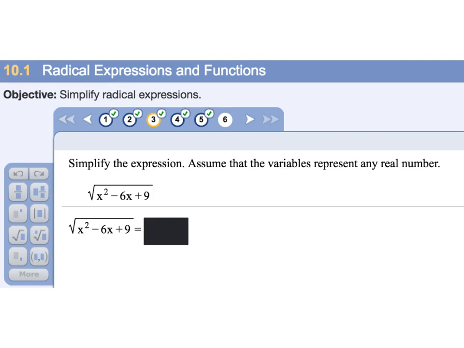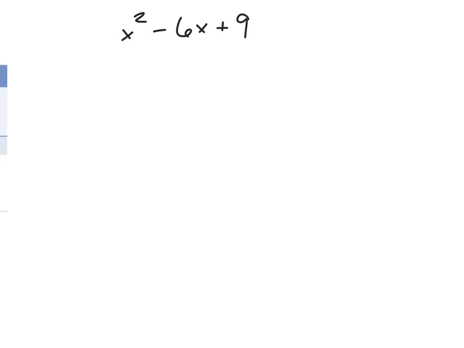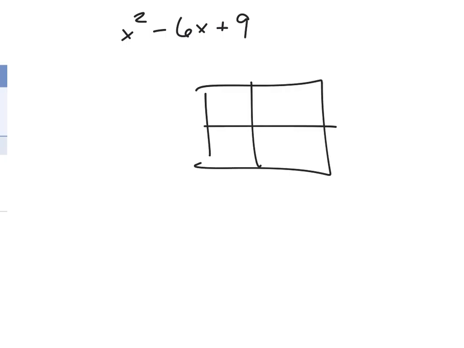So here we're going to be simplifying this radical expression, and this is a square root. So first thing I'm going to do is take x squared minus 6x plus 9. I'm going to use my box, and I'm going to factor this. And I know that x squared is going to go there, positive 9 is going to go there. So we know these are going to be x's, these are going to be 3's. And so when I put in our internal terms, we get 3x and 3x, but we want them to add up.